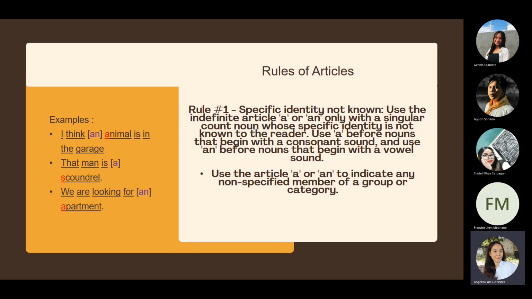Third one, we use article a or an to indicate any non-specified member of a group or category. For example, we are looking for an apartment. The question is, what apartment? Which apartment is he actually referring to? Is it specific? Of course not. It is any apartment he is referring to.